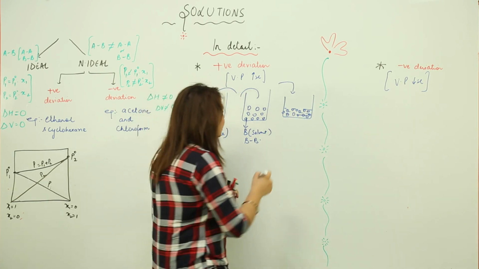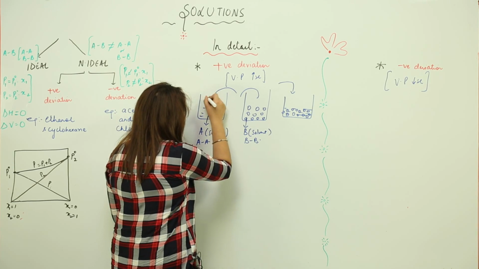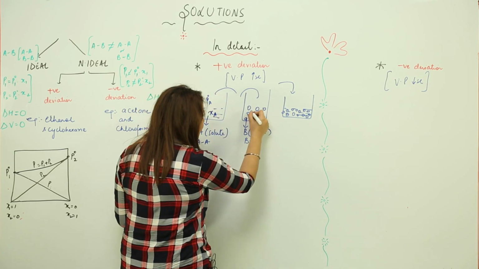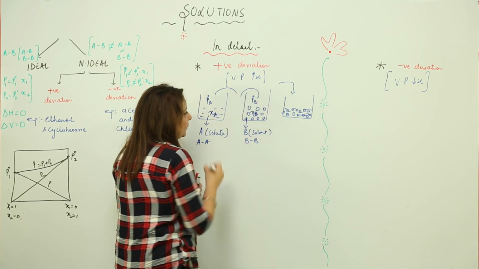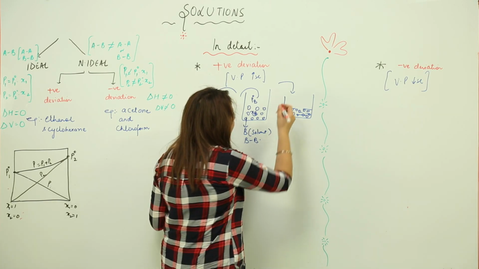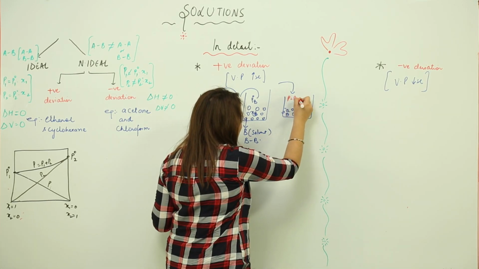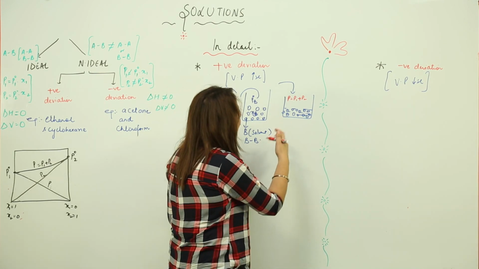So let the mole fraction be XA and the pressure be P naught A, and in this case let the mole fraction be XB and the pressure be P naught B. And what happens now? The total pressure is equal to P1 plus P2, because both are volatile, right.